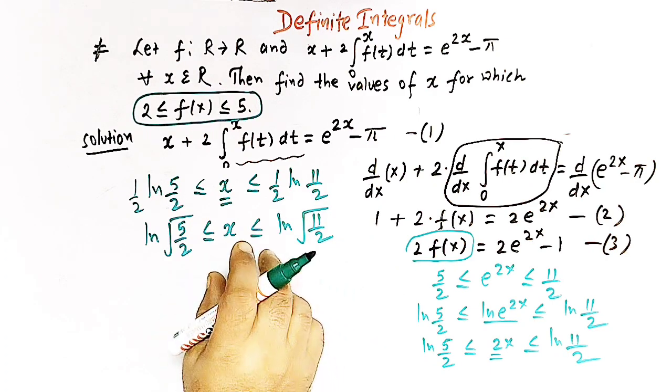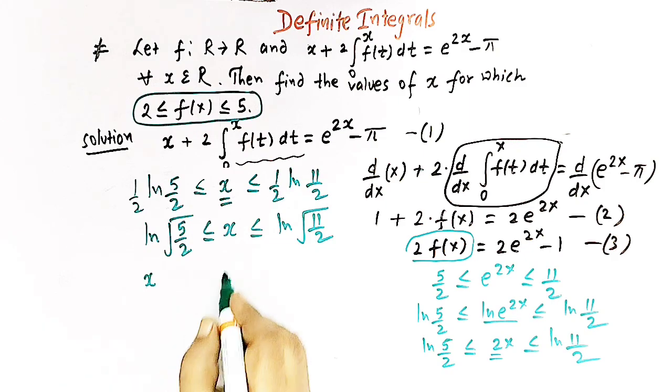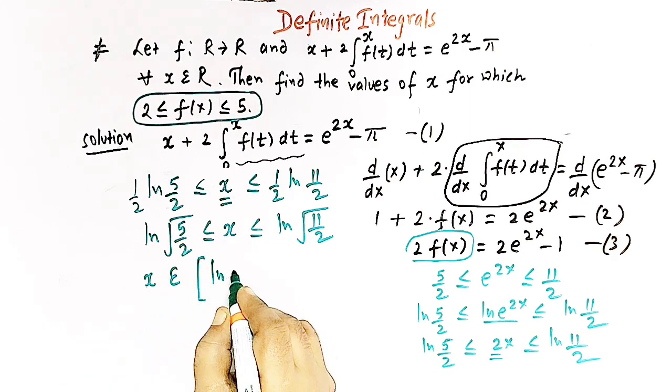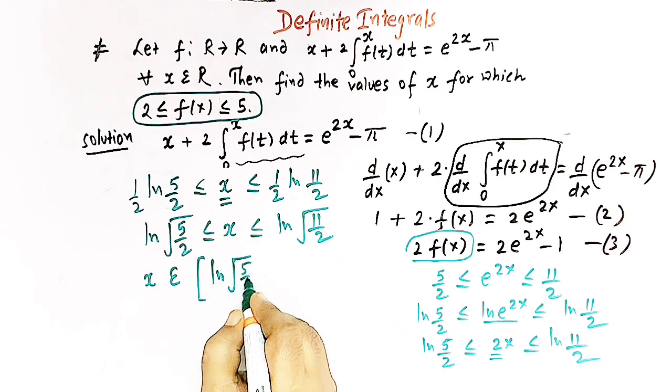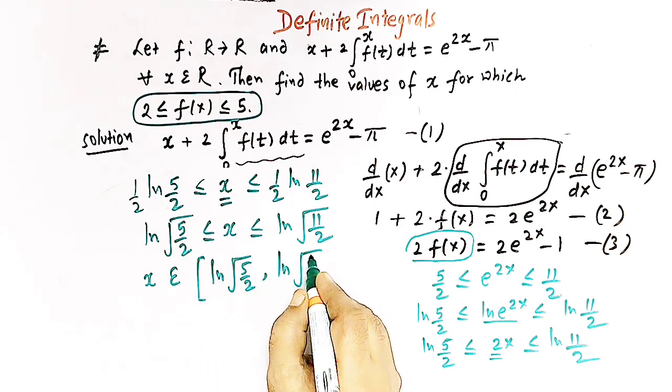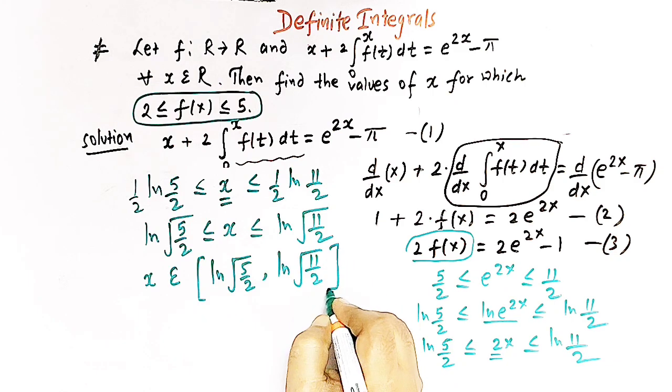So from this inequality we can conclude that x belongs to the interval, that is natural log of square root of 5 over 2 comma natural log of square root of 11 over 2, right?